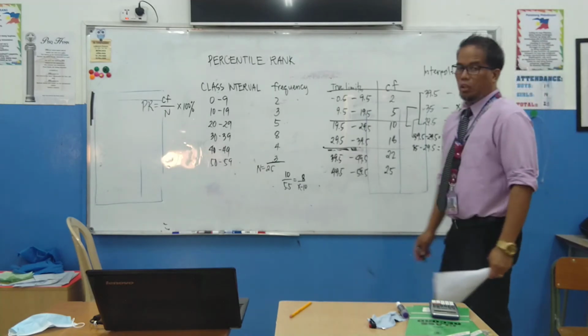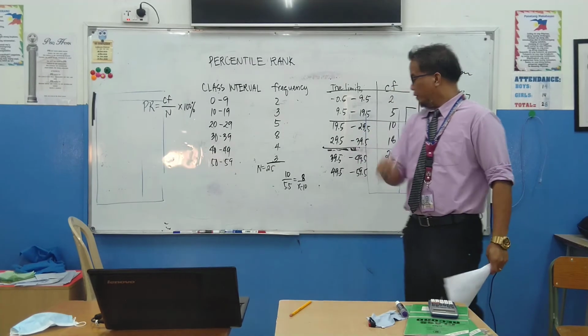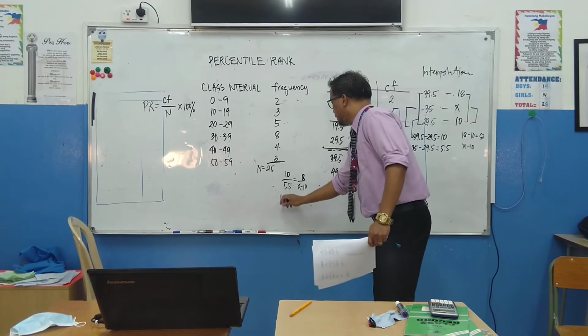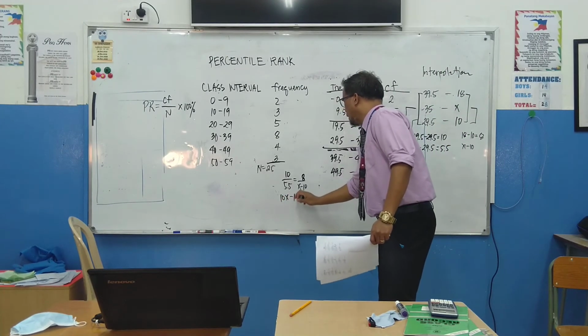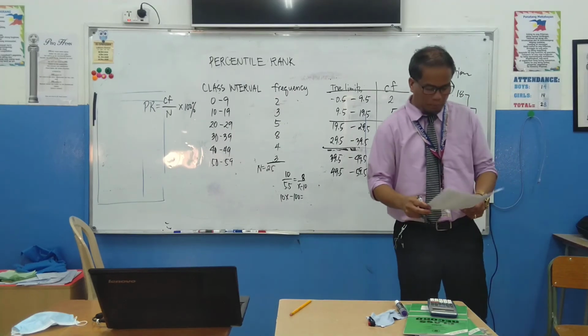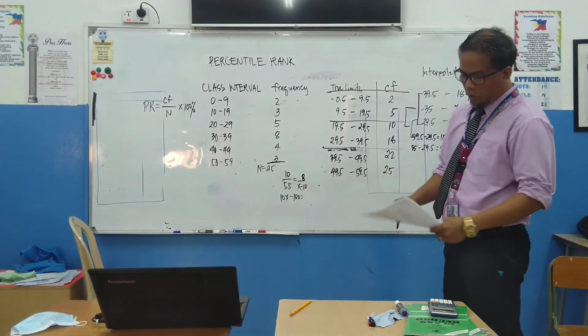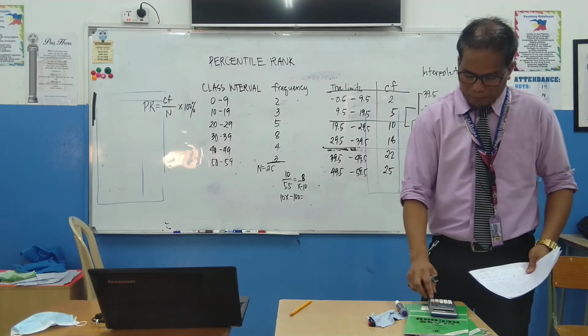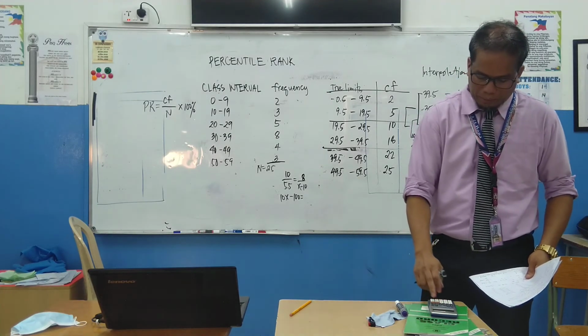We will apply cross multiplication here. So we have 10 times x minus 10, which is 10x minus 100, equals 8 times 5.5.